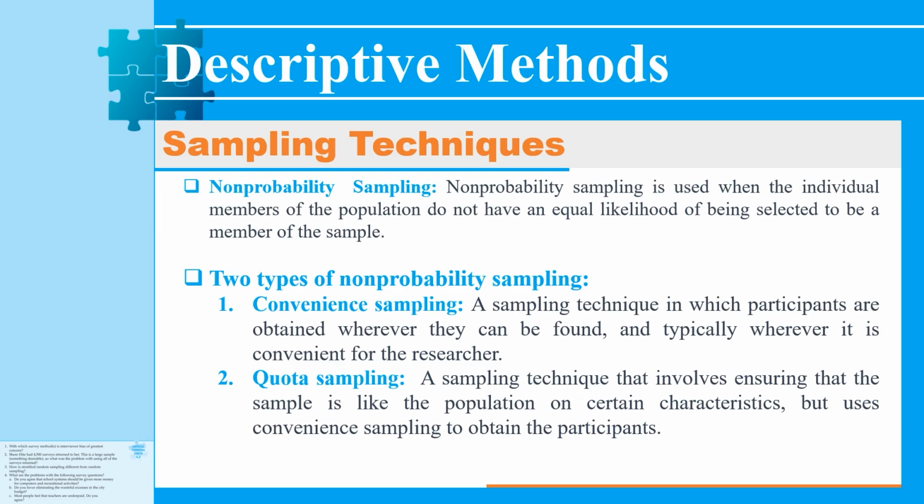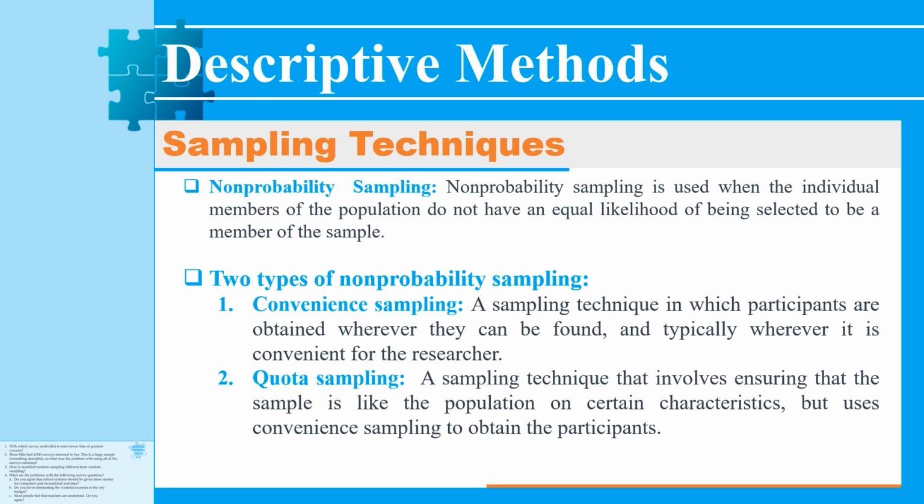Back to the definition and finding the convenience sampling. A sampling technique in which participants are obtained wherever they can be found, and typically where it is convenient for the researcher. Convenience sampling involves getting participants wherever you find them, and wherever is convenient.